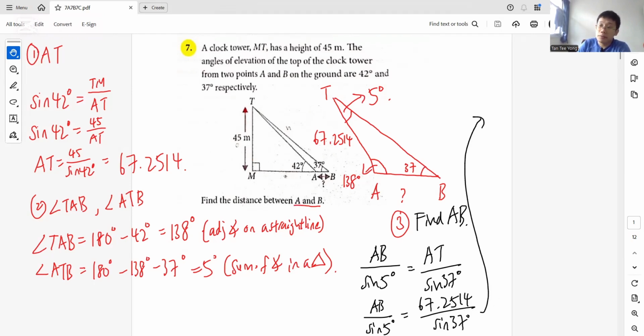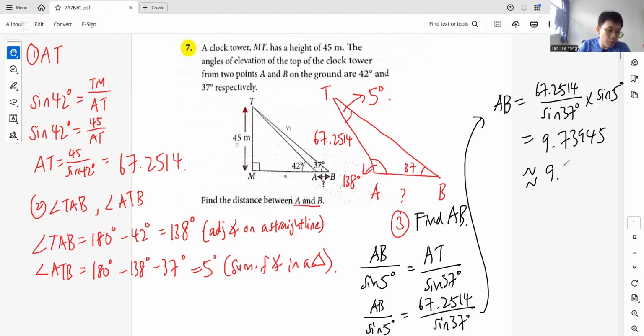AB equals 67.2514 over sine 37 degrees times sine 5 degrees. That will give us the answer of 9.73945, which is 9.74 meters to 3 significant figures.